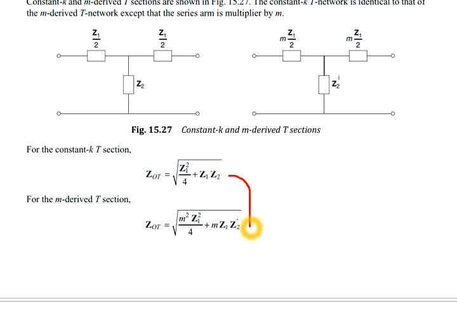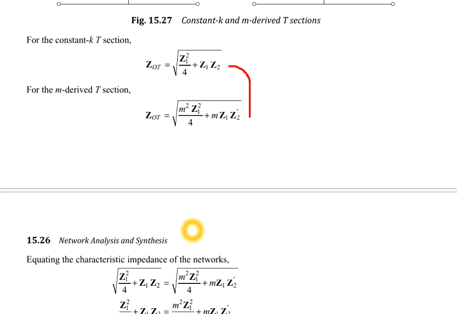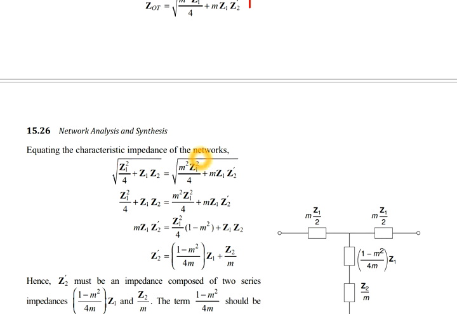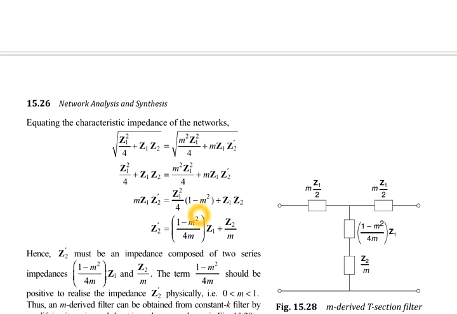So Z2 is replaced with Z2 prime, and in place of Z1 we got mZ1, right? When you equate the characteristic impedance of these two networks, that is constant K and m-derived filter, we will get the condition for Z2 prime, which also has the multiplying factor m inside its equation. So accordingly we have to choose Z2 prime. The characteristic impedances of the networks are made equal to each other.